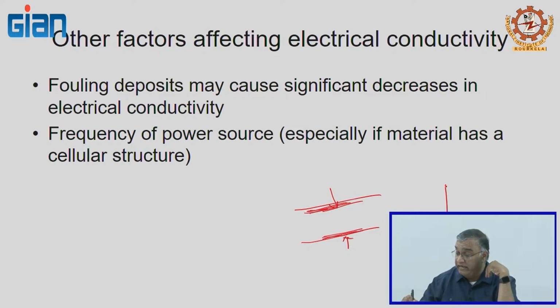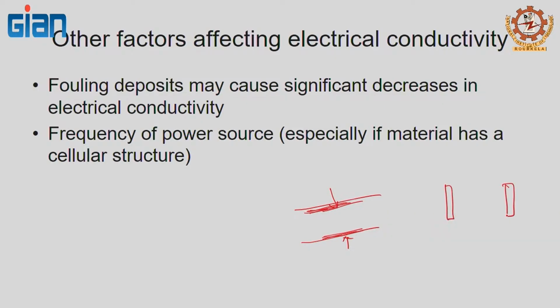The same way, when you have an Ohmic heater, you're going to have an electrical resistance heater here. With usage, you're going to start forming fouling, and that's going to decrease the efficiency of your electrical resistance heating. That means it's not going to pass the electricity properly, so you have to pay attention to that. The frequency of the power source, probably also pay attention.